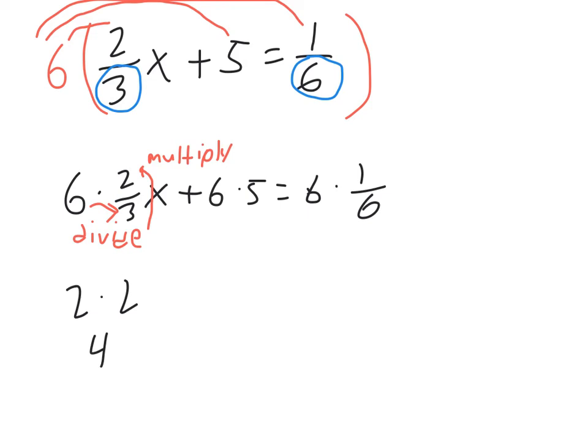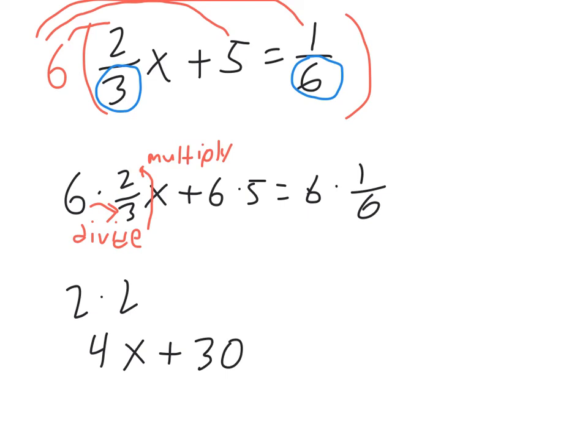So here we had 6 divided by 3 is 2, times 2 is 4, so 6 times 2/3 is 4. And then let's write the x there. Then we have 6 times 5 will give us 30, so plus 30.